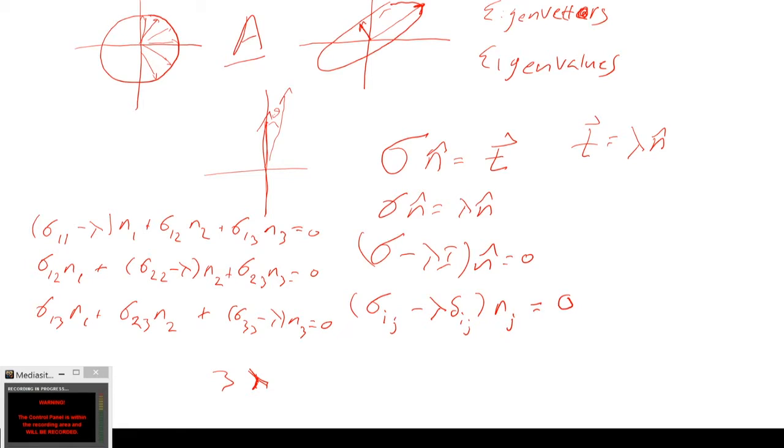Okay, so how do we find these values of lambda, these eigenvalues, and then from there, how do we find the eigenvectors? Well, let's go back to our system of linear equations, sigma minus lambda I n equals 0. Remember that systems of linear equations like this have a solution if and only if the determinant of A equals 0.